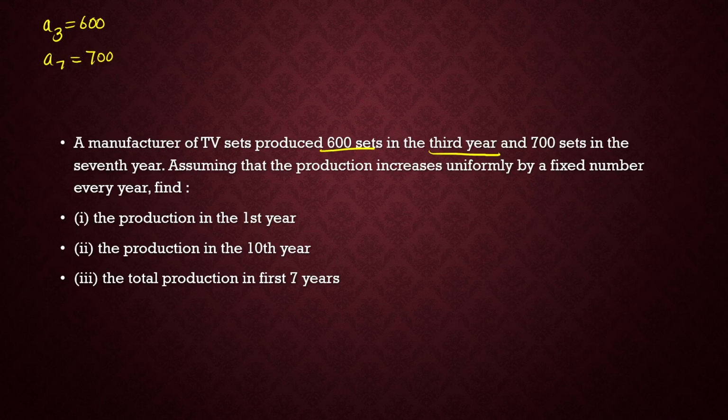I guess you can find this easily because these questions are similar to the questions which we have previously solved, but it's given in the form of a word problem. Just extract the information. Now they are asking the production in the first year, that is the value of A1, the production in the 10th year, A10, and the total production in the first 7 years, S7.